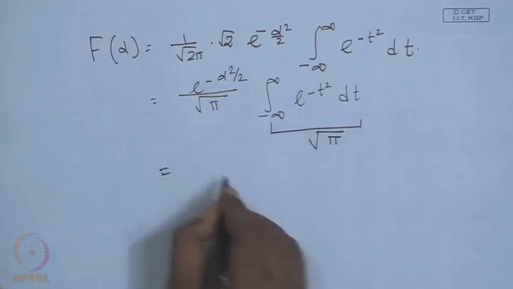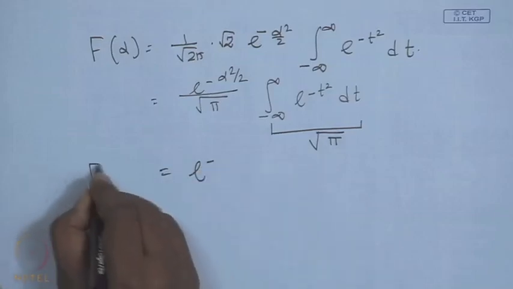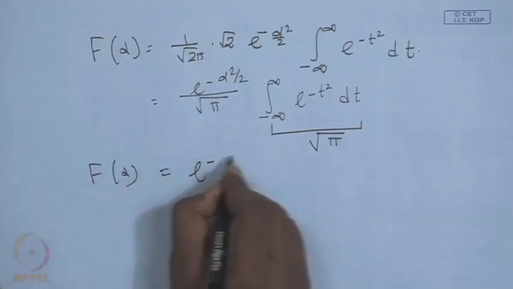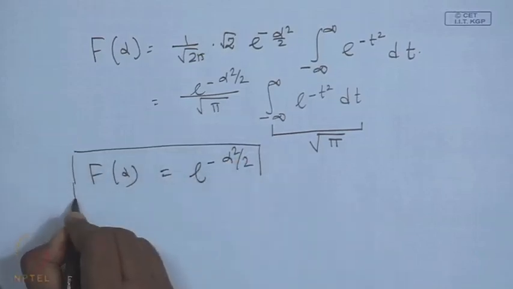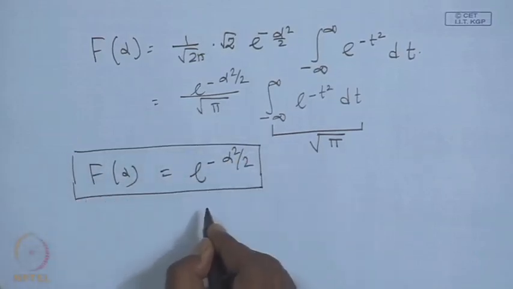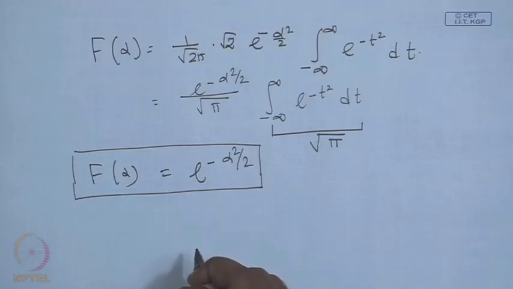So the root pi will cancel out, and f of alpha is nothing but e to the power minus alpha square by 2. So, that is the Fourier transform of e to the power minus x square by 2. We will look into some of the common functions and see how the Fourier transforms of these functions are evaluated.